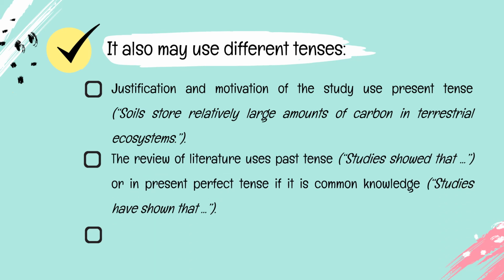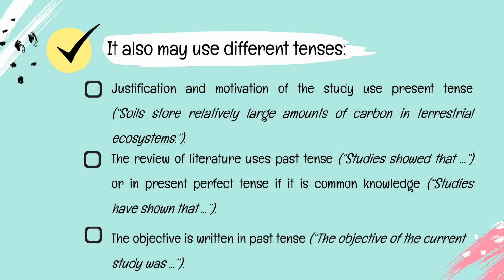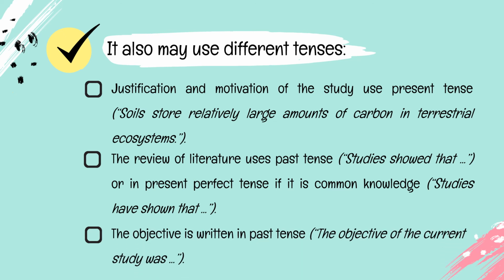Next, the review of literature uses past tense or present perfect tense if it is common knowledge. Okay? And lastly, the objective is written in past tense.